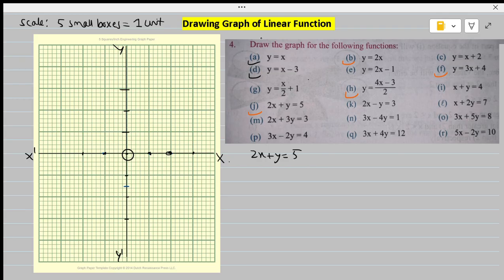Now you see, one of the terms has a coefficient other than 1 and one has coefficient 1. So 2x has a coefficient other than 1. This one we send to the other side, and y, which has coefficient 1, we keep alone. So y equal to 5 minus 2x.